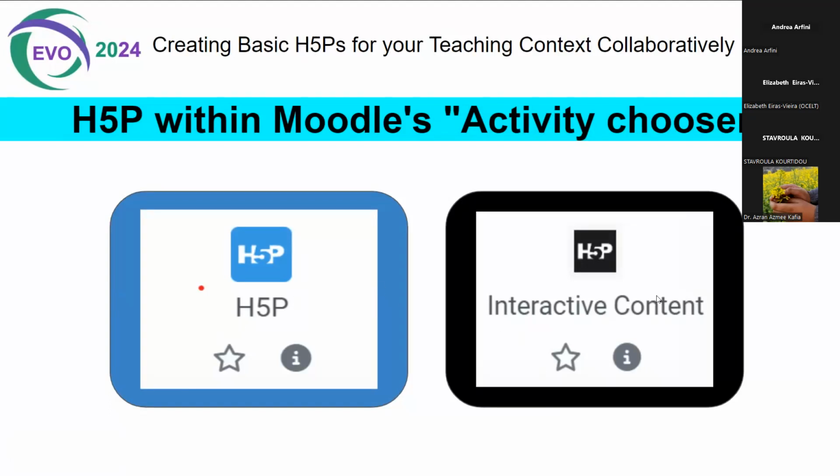For example, in my school, we have both, but the interactive content icon does not look black but green because of the theme we have in our LMS. So when you see interactive content, it's what we call the black icon. If you just see H5P, it's what we call the light blue or blue icon.